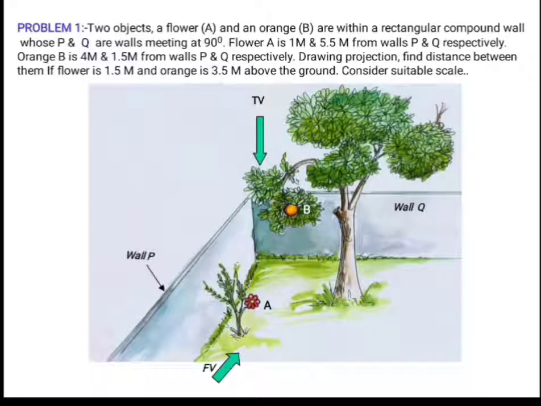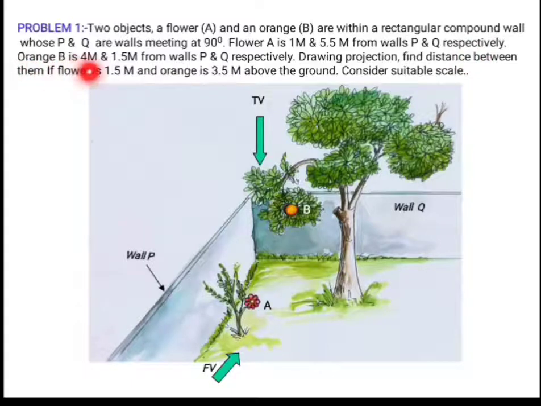Here, our first problem is: two objects, a flower A and an orange B, are within a rectangular compound wall whose P and Q walls are meeting at 90 degrees. Flower A is 1 meter and 5.5 meter from walls P and Q respectively.